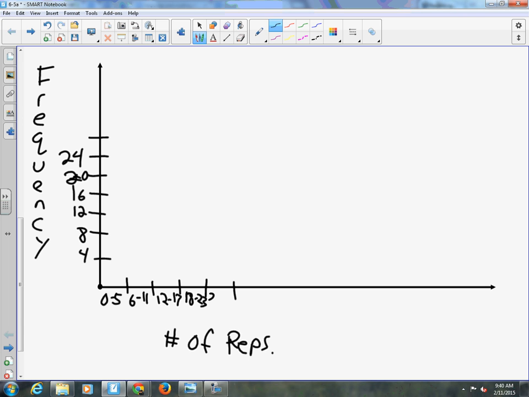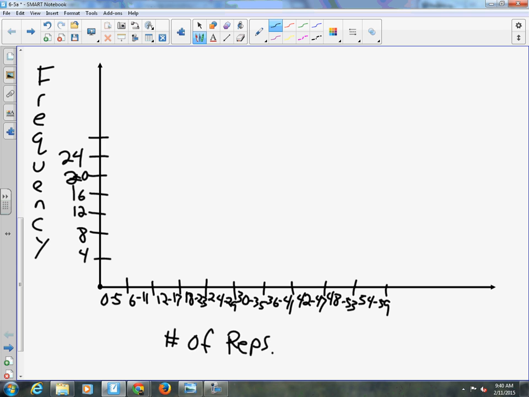Then 24 to 29. 30 to 35. 36 to 41. 42 to 47. 48 to 53. And then I had 54 to 59.